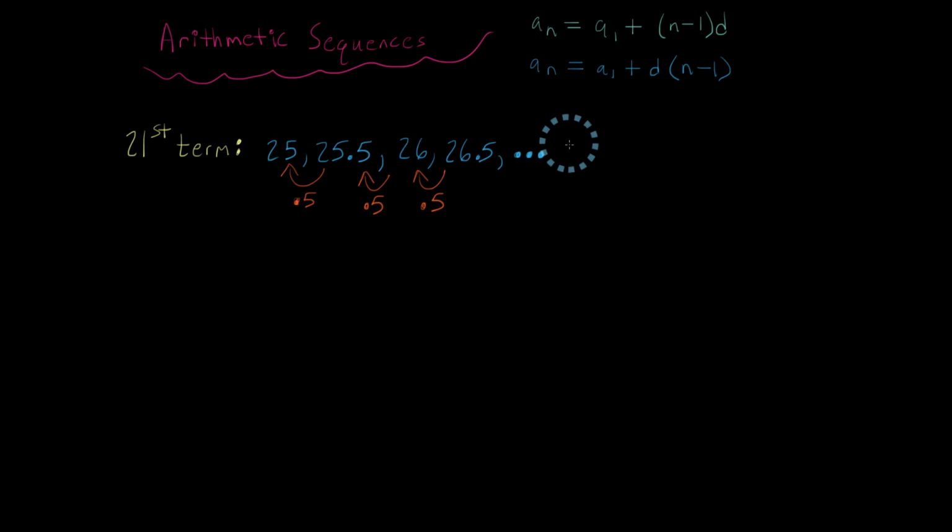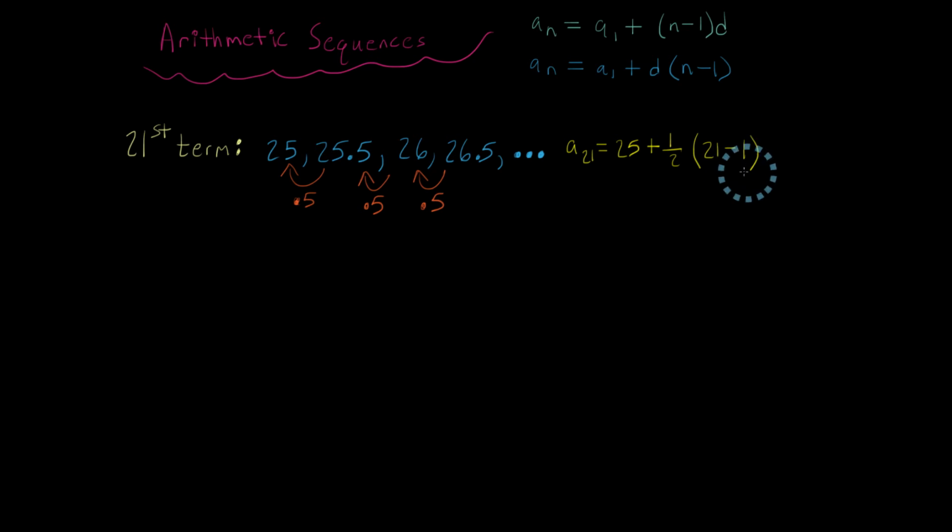So now to write out the equation, I have a sub 21 equal to my value for a sub 1, my first term's value, which is 25. So I'm going to put 25 in, 25 plus the common difference, which is 0.5, or 1/2. In fact, I'm going to use that fraction 1/2 times my value for n, which is 21, 21 minus 1.